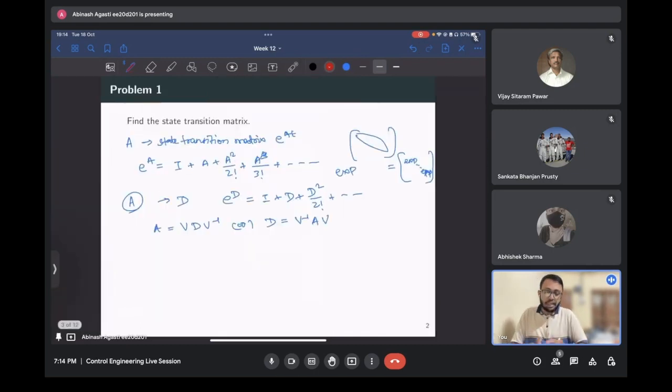Basically, the eigenvector matrix provides a similarity transformation for a given matrix to get converted into its diagonal form, right? So e to the power At is equal to V e to the power Dt V inverse. This we solved in the last class, how we can get to this result, but it's simple if you write this term as this infinite series and this term as this infinite series, you'll see that both are the same.